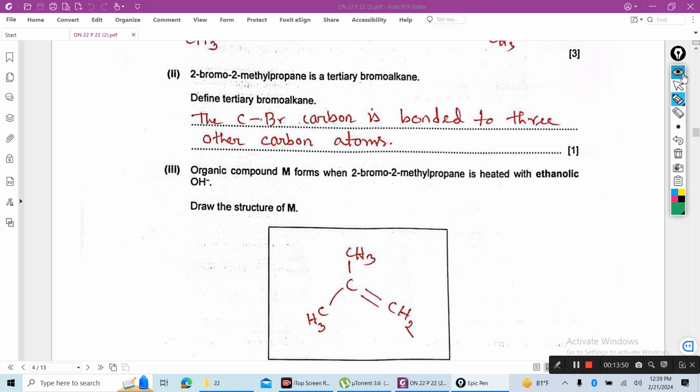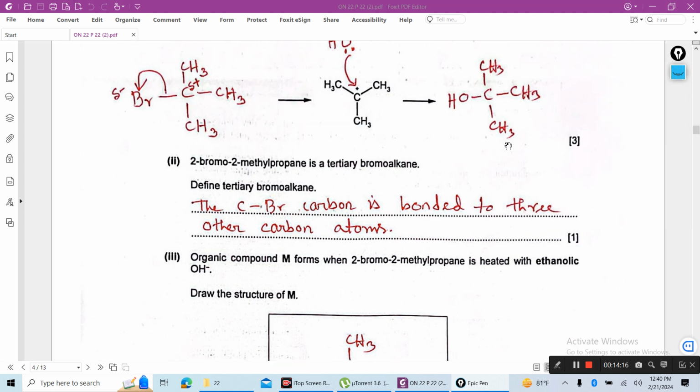Now, 2-bromo-2-methyl propane is a tertiary bromoalkane. Define the tertiary bromoalkane. Already I told you the CBr carbon is bonded to 3 other carbon atoms. What is a tertiary bromoalkane? The CBr carbon means this carbon.